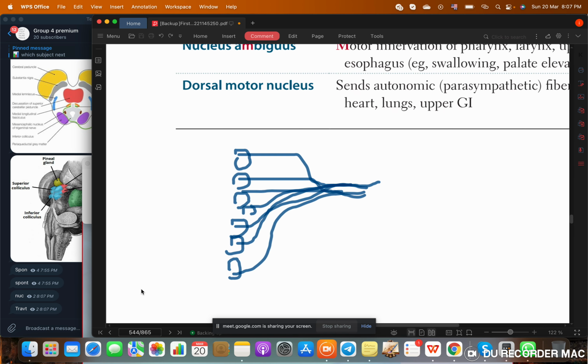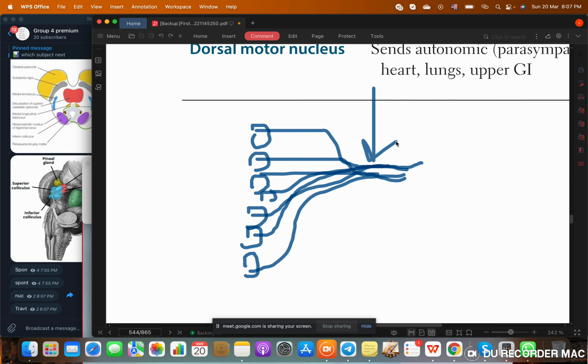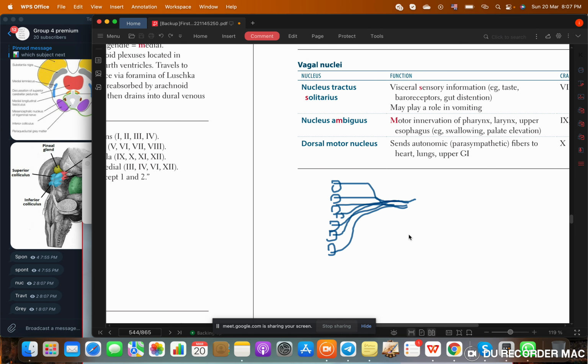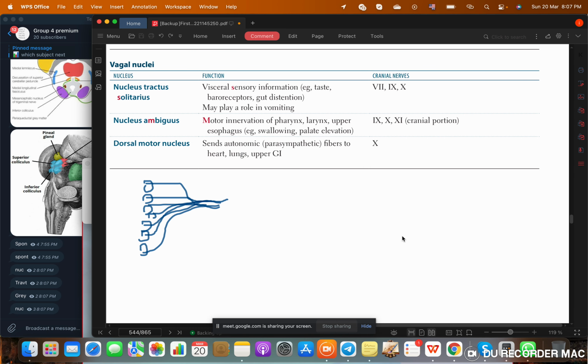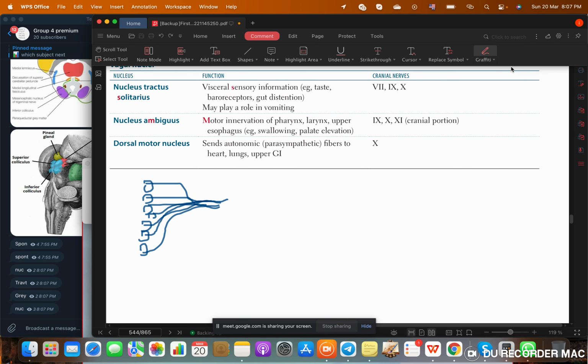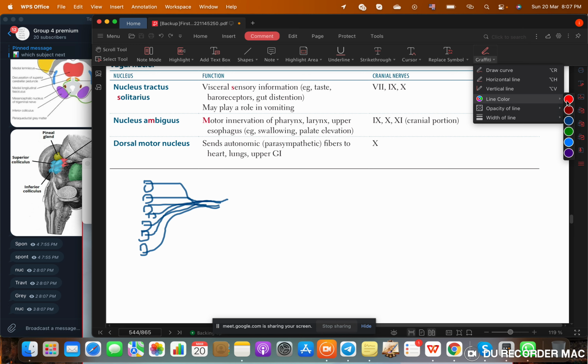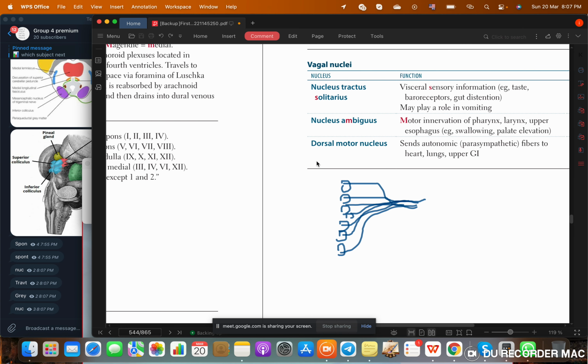Now I have a question, guys. What is more dangerous? An injury of a tract, which is white matter, or a nucleus, which is gray matter? Everybody gets tricked with that. Look, if you have a knife and you damage these, you destroy 2 out of 7.